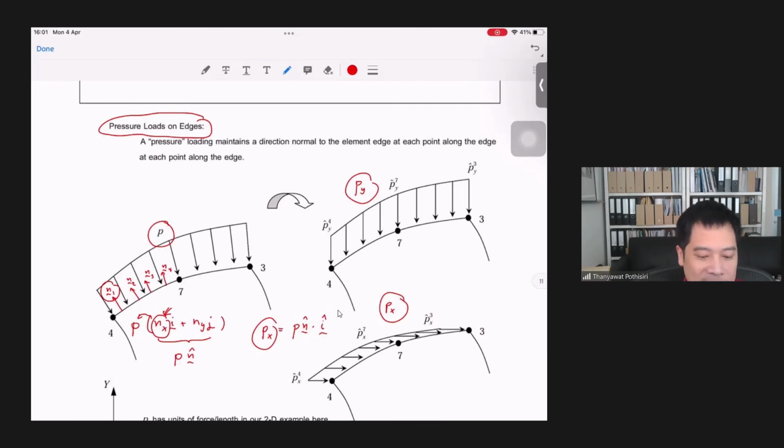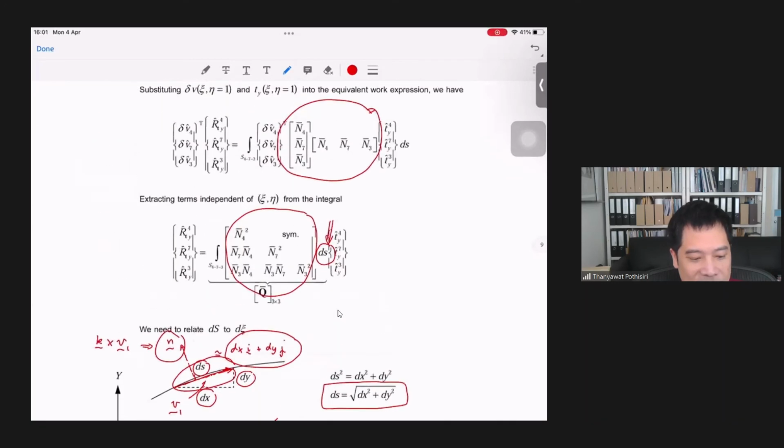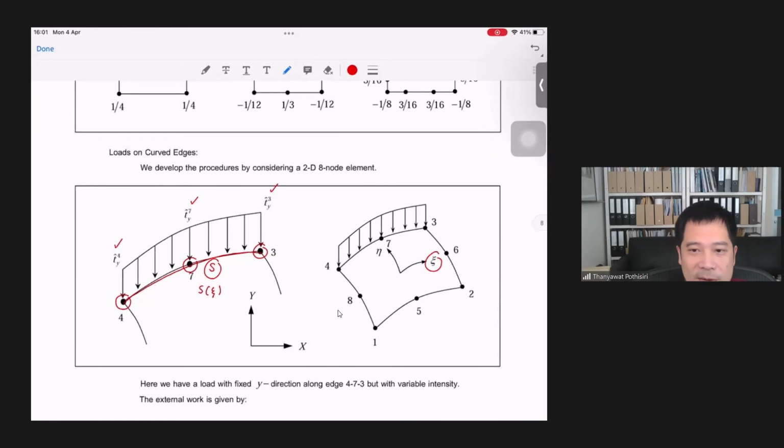So once you obtain this Px and Py, you can use the previous procedure, in which you have traction load acting in only one direction, to compute the work equivalent traction.